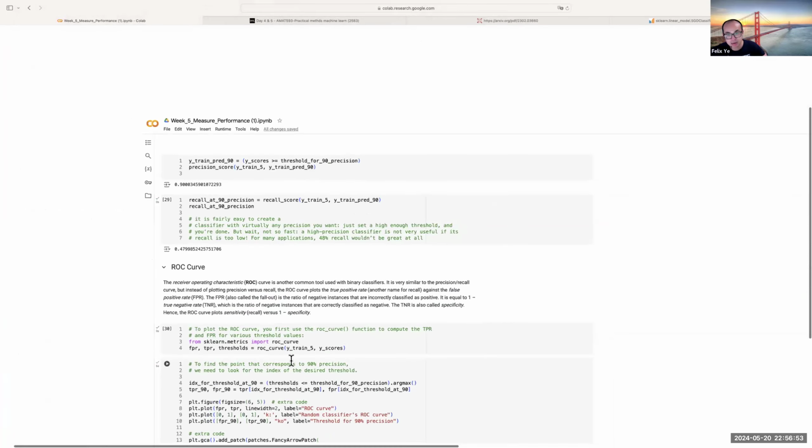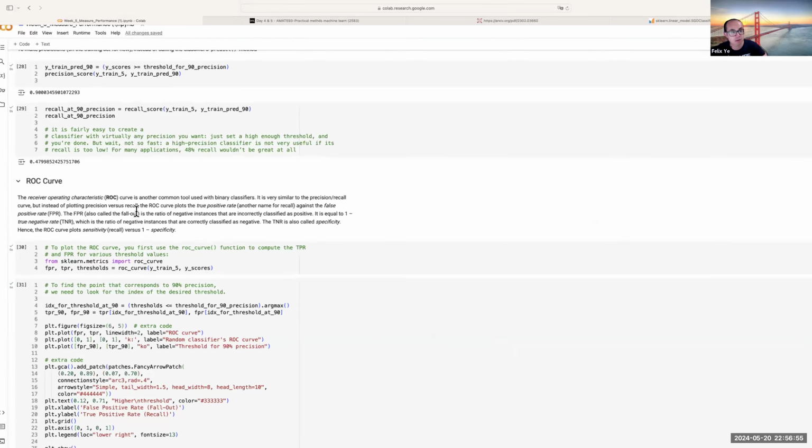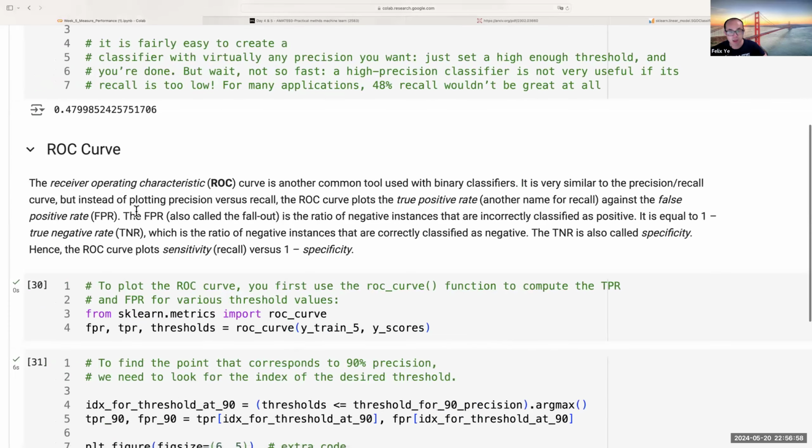In the other cases, we talk about the ROC curve and AUC. This is also a very common tool, I would say even more common than the precision recall curve that we have just talked about. It is very similar to the precision recall curve.